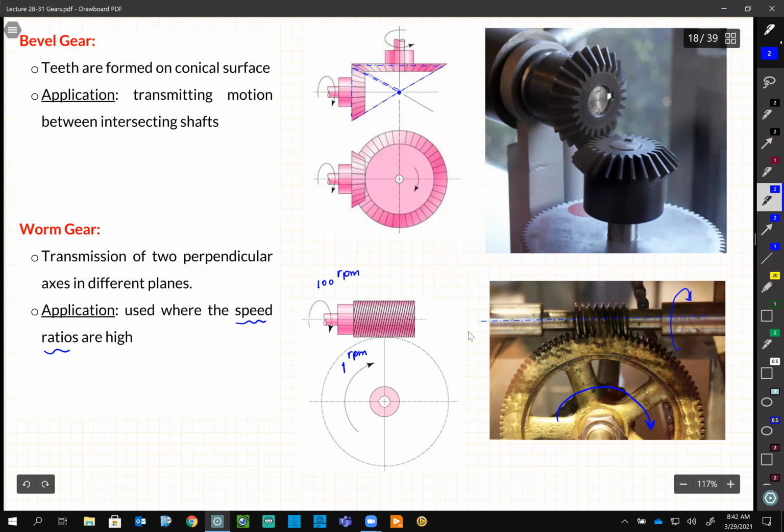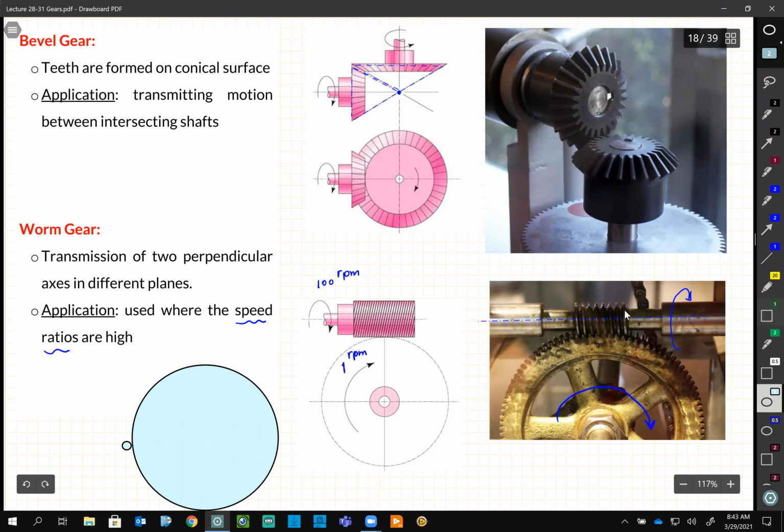There is no way that you can have this ratio with regular gear. Imagine if you want the same ratio with regular gear, then you should probably use a gear with a radius of 1 centimeter and then another one with a radius of 1 meter, right? It's not possible. Or with conical gear, the same problem. But with the worm gear, that's possible.